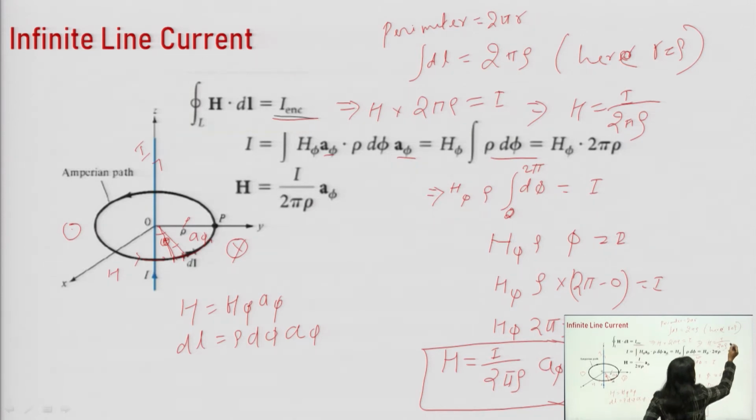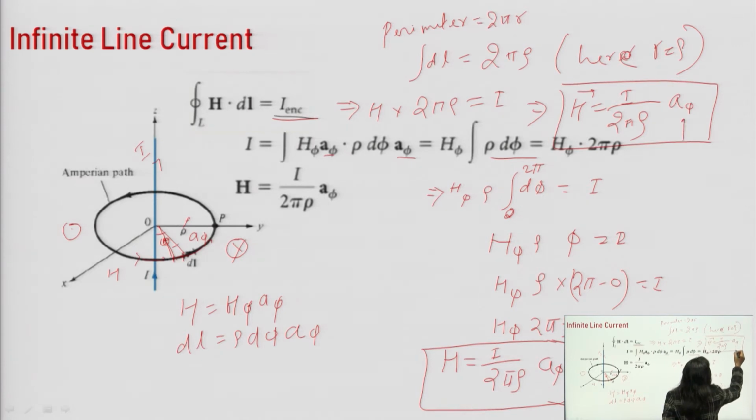So we will write here a phi. Now this is the complete H vector, the magnetic field intensity vector, whose value is I by 2 pi rho a phi. This gives the magnitude, and this gives the direction.